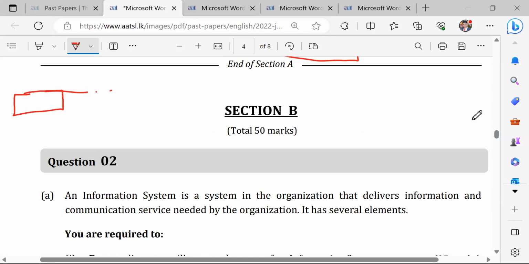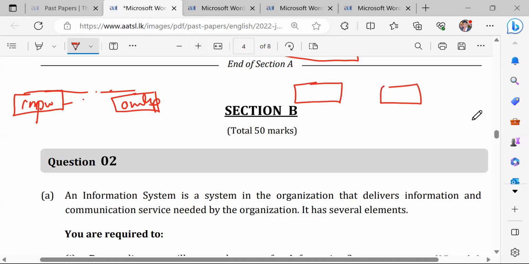Block diagram of information system. It has input and it has output. In between, let me draw a bit larger. Input, process and output.